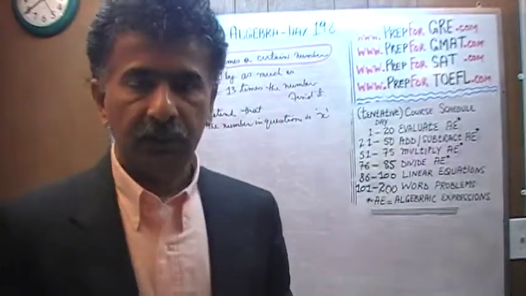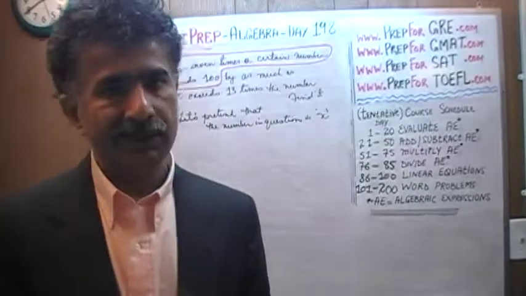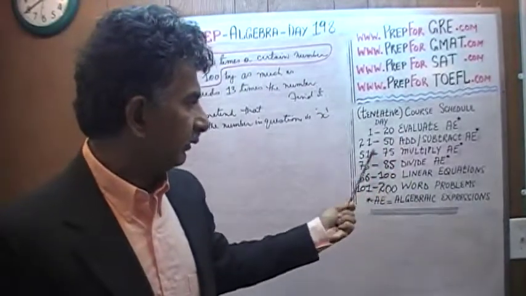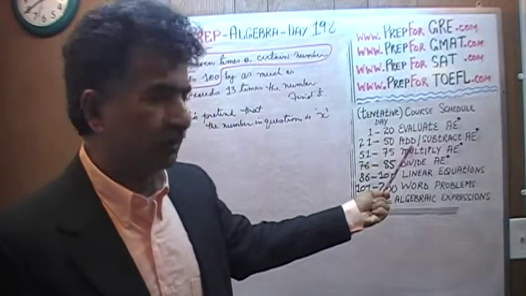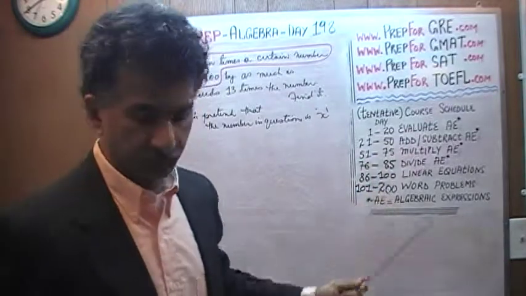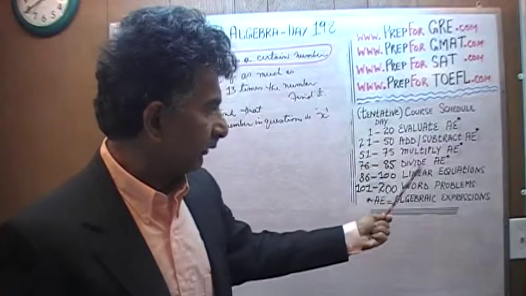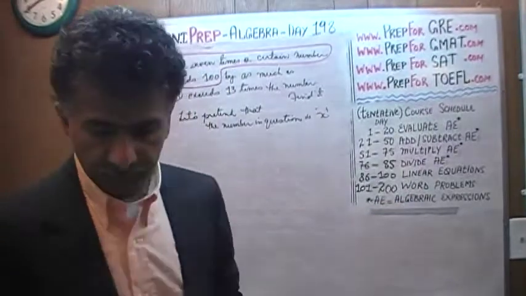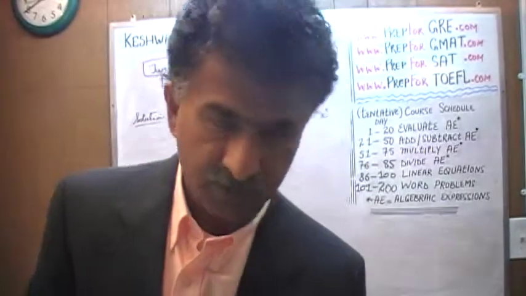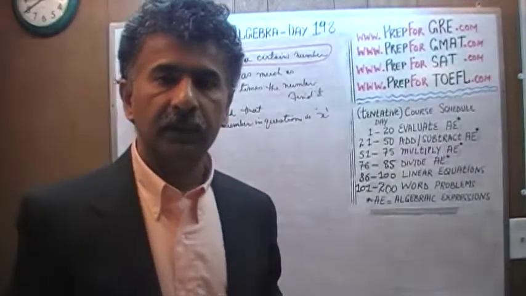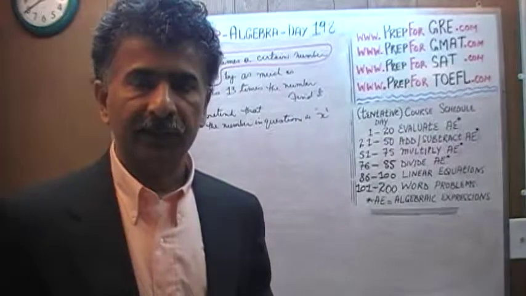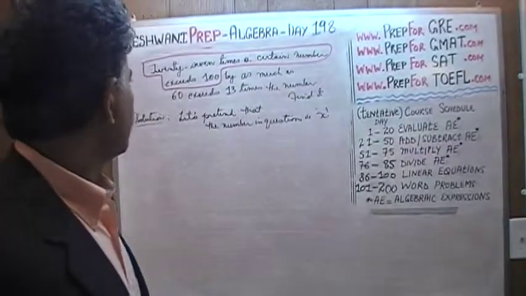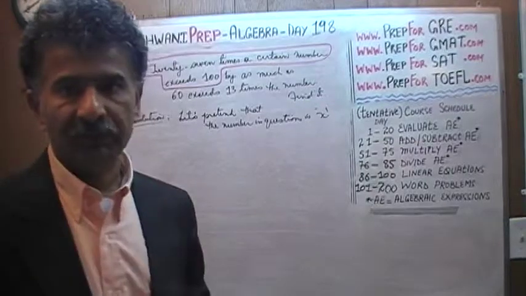That has to do with coming up with the right algebraic expression, which is what we learned a long time ago in the beginning of the course: how to evaluate, add, subtract, multiply and divide algebraic expressions, before we moved on to the linear equation and the word problem. We have to come up with the right algebraic expression that shows the idea of a quantity by which 27 times a certain number will exceed 100.